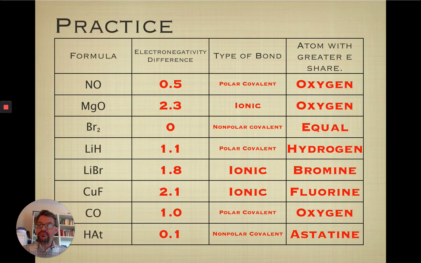So in a nutshell, by looking at the difference in electronegativity, you can compare it to the range that was provided in the previous slide, and that's going to tell you if the bond between the atoms is polar, nonpolar, covalent, or if it's ionic. That's important because it gives you information about how the molecule will interact with other substances.